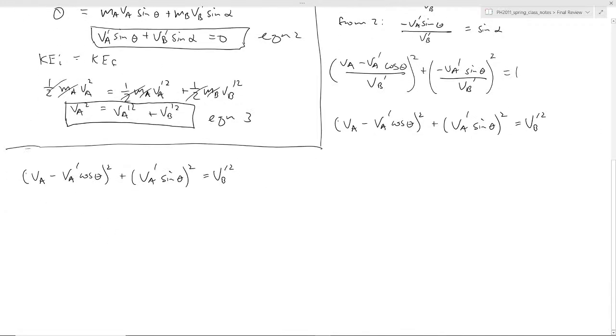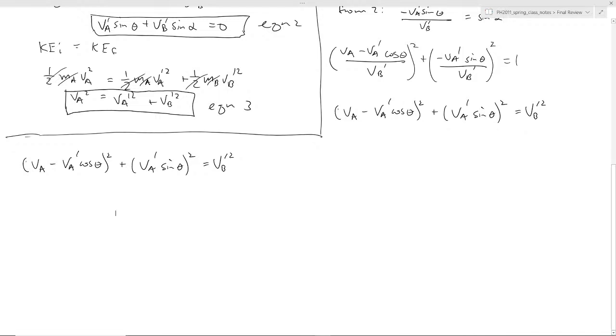So let's expand this a little bit. Let's see what happens. If you FOIL this thing out, you'd have VA squared minus 2 VA prime cosine theta plus VA prime squared cosine squared theta plus, from this thing, we would pick up a factor of VA prime squared sine squared theta equals VB prime squared.